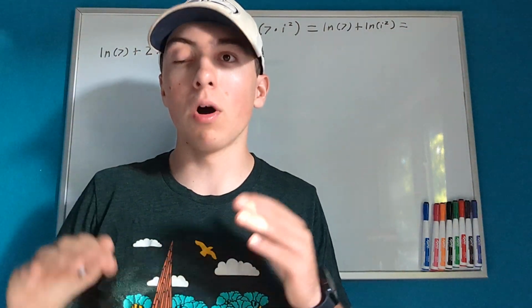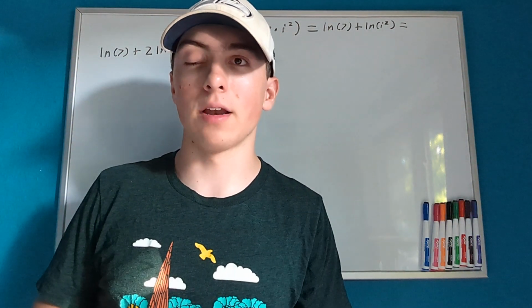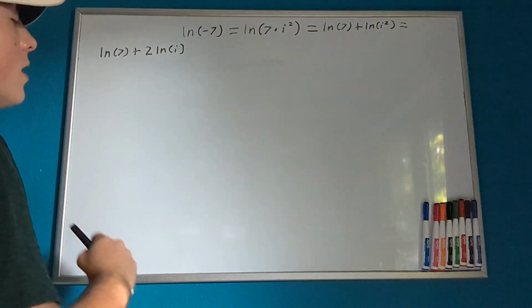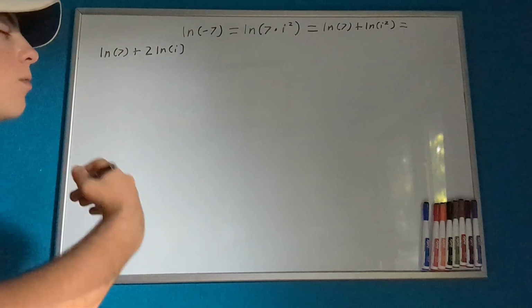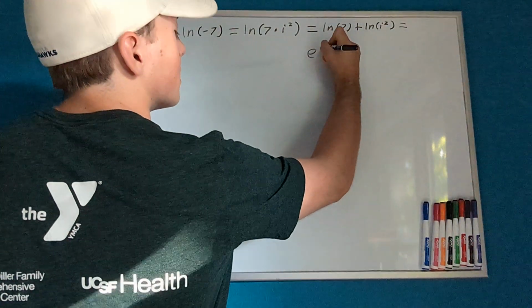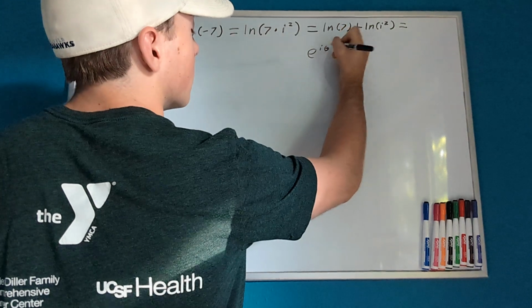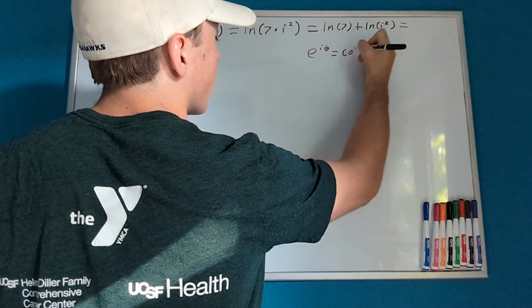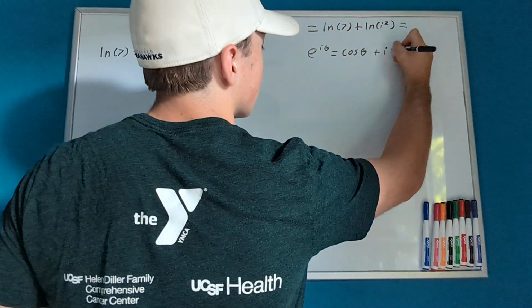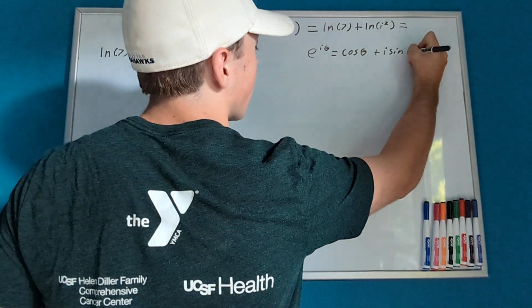Or is it? Well, we can actually rewrite it in another way, which will be much more advantageous for us and allow us to remove this natural log bit. And what would that way be? Well, let's just remember that e to the i theta equals cosine theta plus i sine of theta.